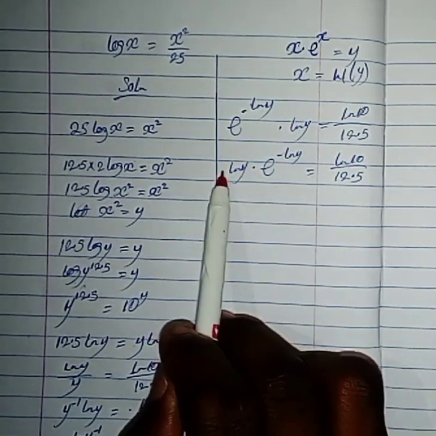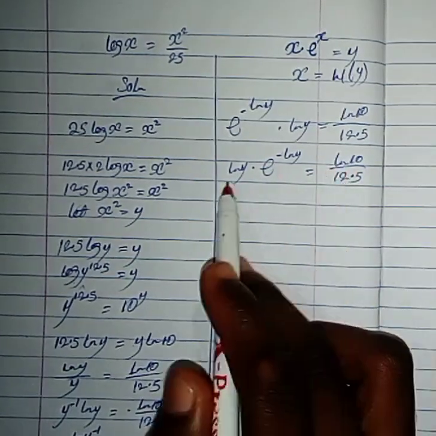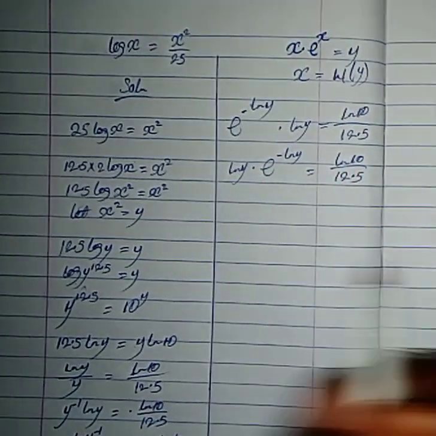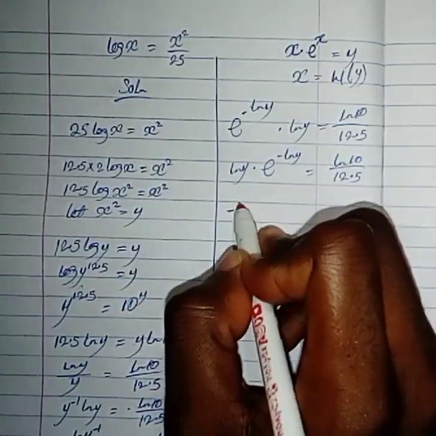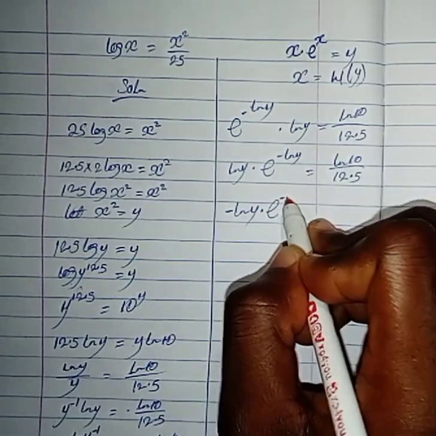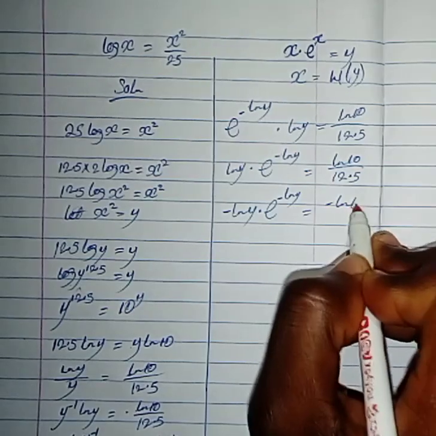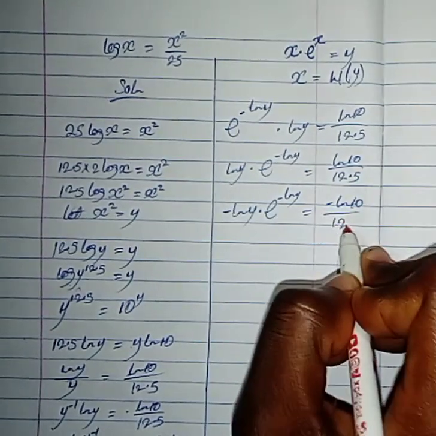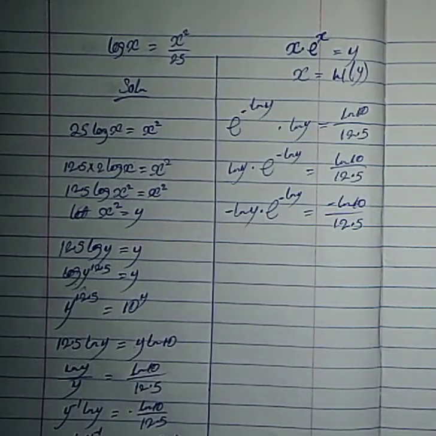So how can I introduce a negative sign to this? I multiply both sides of the equation by negative 1. So I have negative ln y times e to the negative ln y equals negative ln 10 over 12.5. So now they are both negative at both sides of the equation.